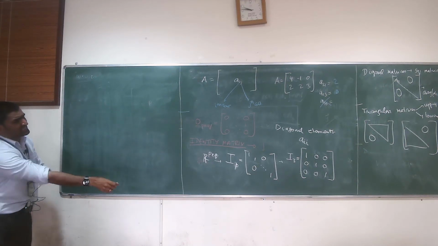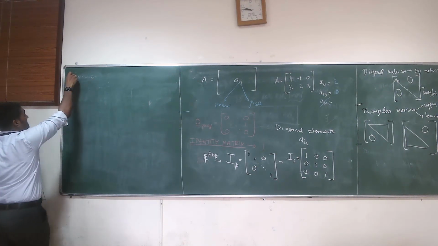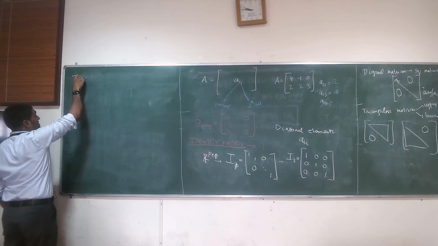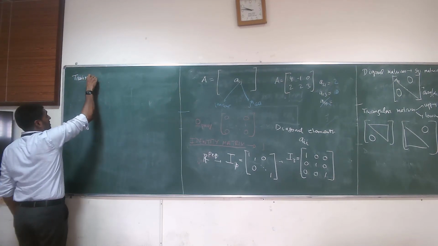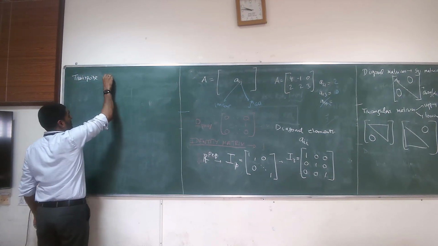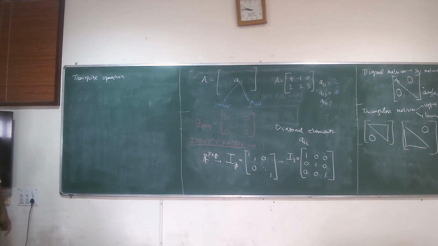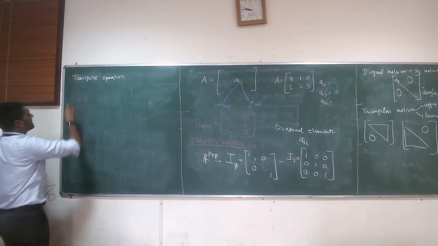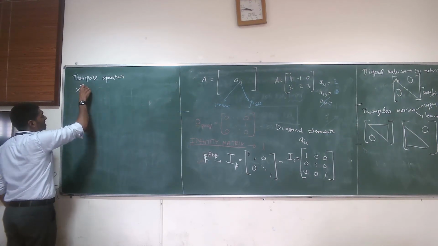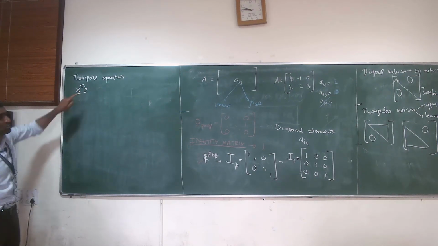We'll now start defining some operations with matrices. First operation we look at is the transpose operation. We already saw this earlier, but now we will actually define it. You remember the inner product? This is the transpose operation.